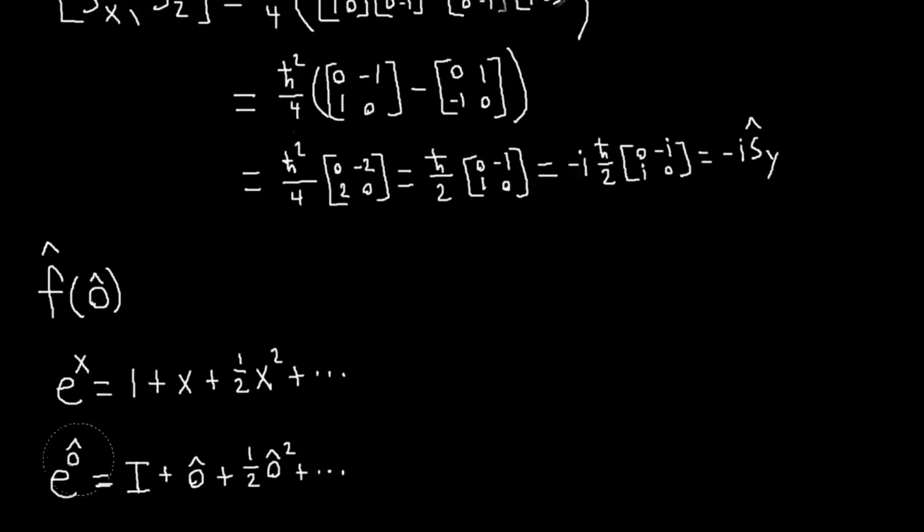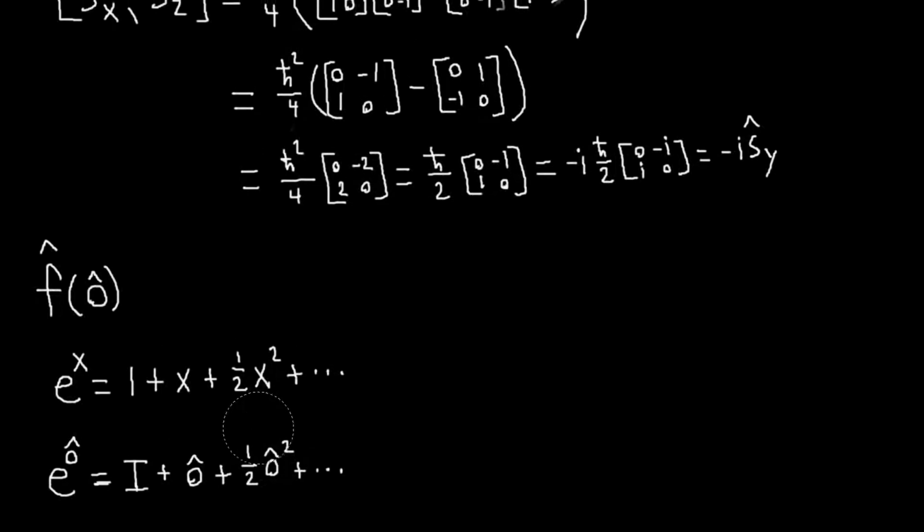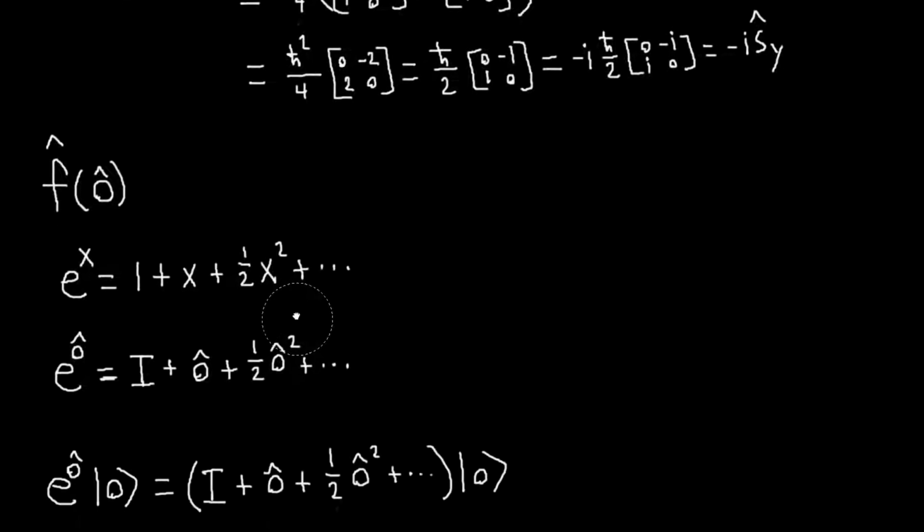So this operator, e to the O, is going to be the identity operator, which is like 1, plus O plus 1/2 O squared plus, again, an infinite number of terms. Although there are an infinite number of terms, that's not an issue, as we'll see.